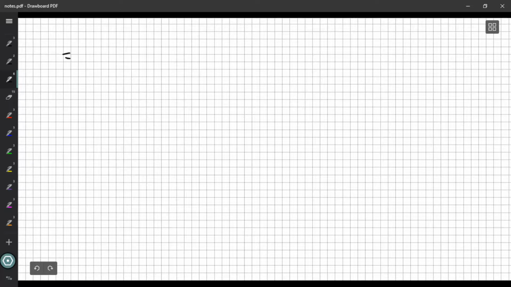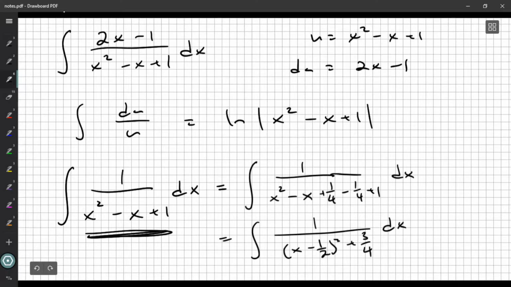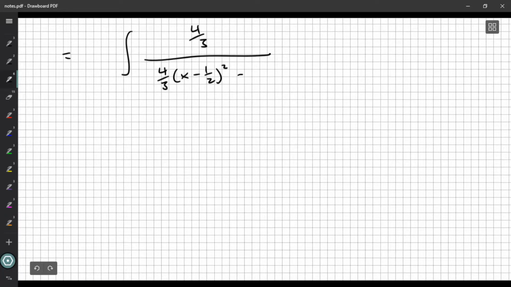Now we can multiply top and bottom by 4/3. And the reason we would do that is to change this 3/4 into a plus 1. Okay, we like that because this is looking a lot more like the proper expression. Okay, the 1 over something squared plus 1.